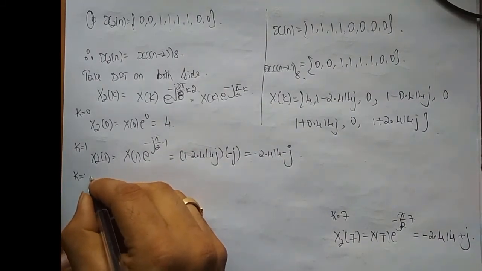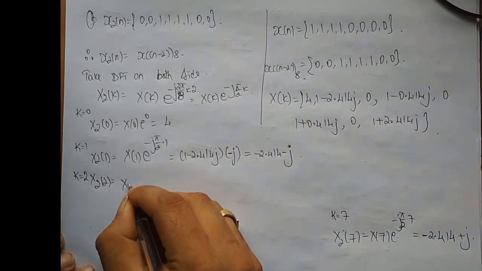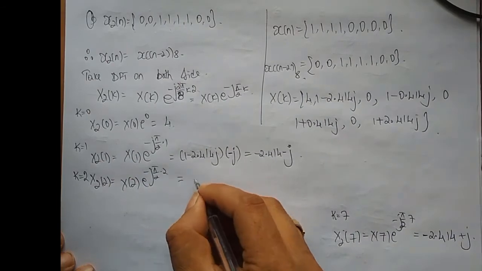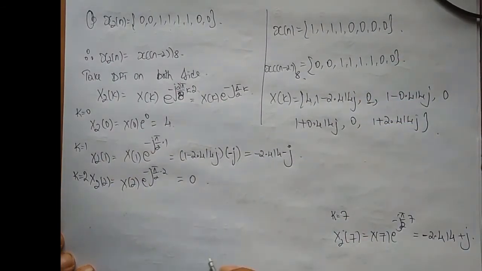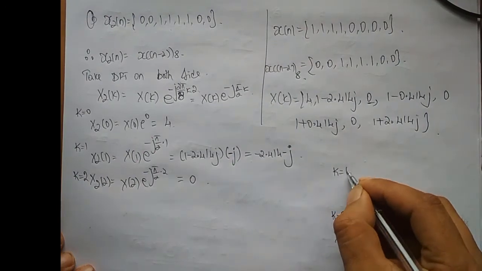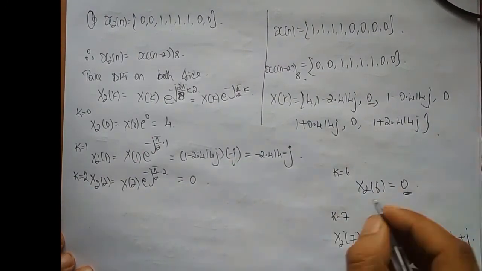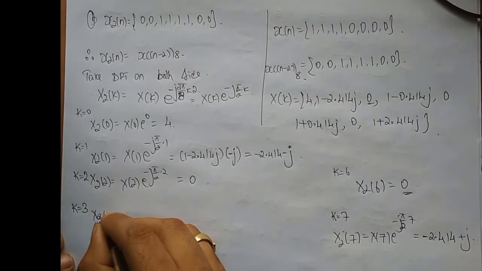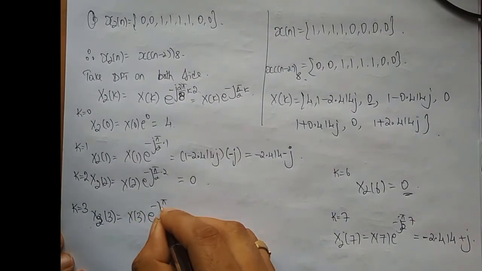Right, now when k is equal to 2, x2 of 2 is what? X of 2 into e power minus j pi by 2 into 2, but this is equal to 0. Why? Because 0, 1, 2, this is 0. Right, therefore for k is equal to 6 also, x2 of 6 is equal to 0. Complex conjugate, right? So k is equal to 3, x2 of 3 is equal to x of 3 into e power minus j pi by 2 into 3.